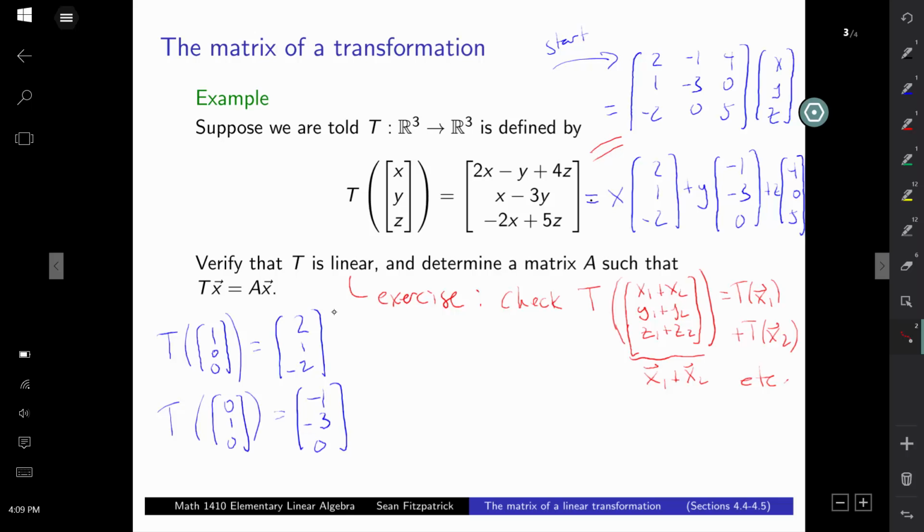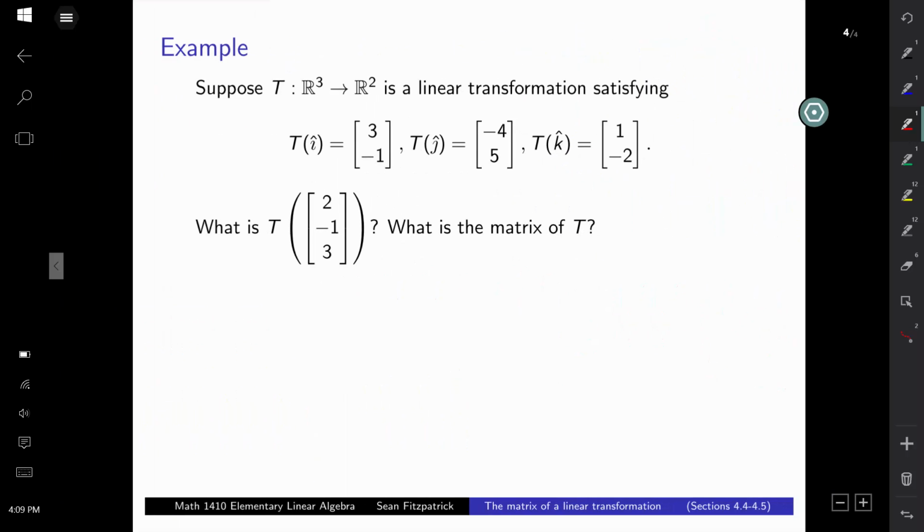Finally, T of 0, 0, 1: I put x and y equal to 0, z equal to 1, and I get 4, 0, 5. Those match up too. So calculating T on i, j, and k gives you the columns of your matrix and allows you to reconstruct your matrix A.